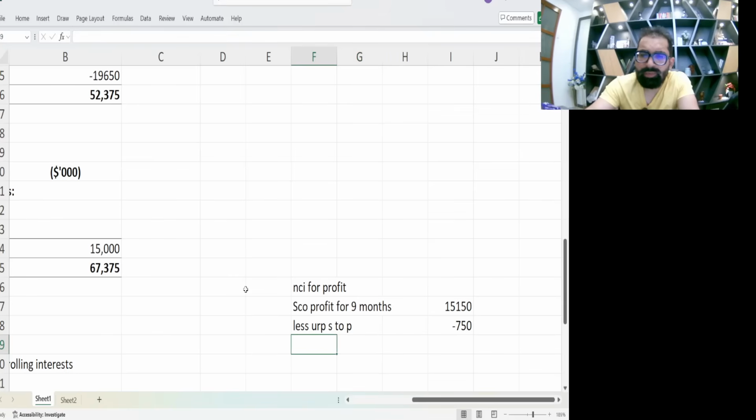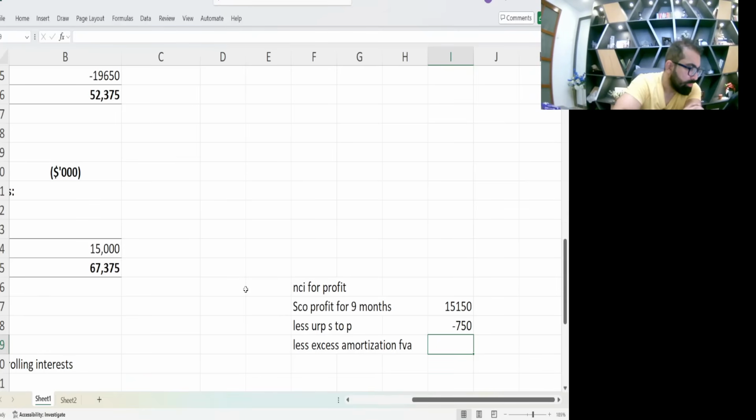Then there was some excess amortization, less excess amortization of that fair value adjustment, FVA. Excess amortization was 375. I've already calculated it with you, so you can see with pen I did it. So these were the two transactions which we need to adjust.